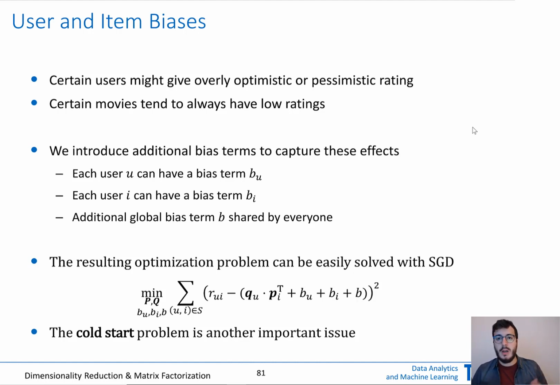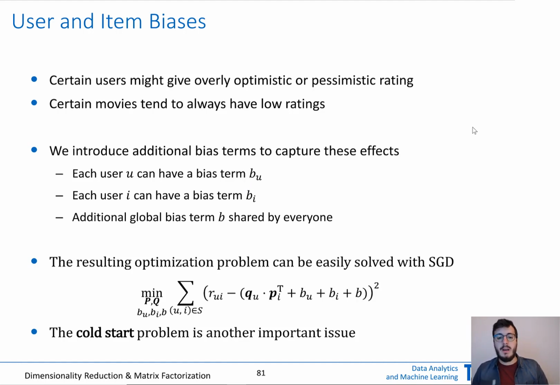In order to capture these effects, we can simply introduce additional bias terms which will account for them. Basically, that's what we do. We take each user and add one additional variable, b_u, a scalar, which captures the bias of that user, and something similar for each item: we add one additional scalar variable, b_i.